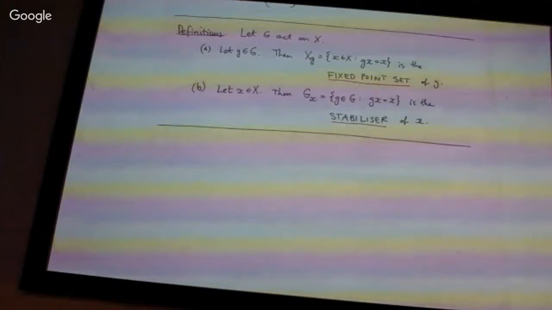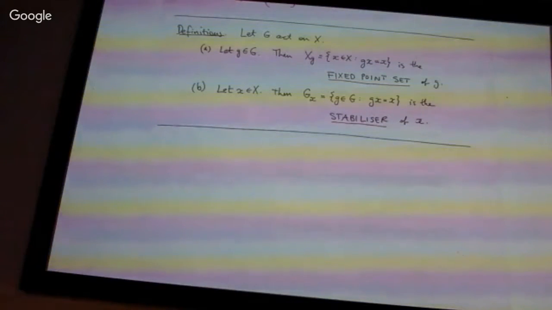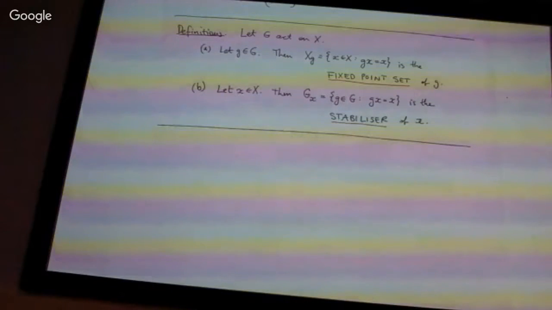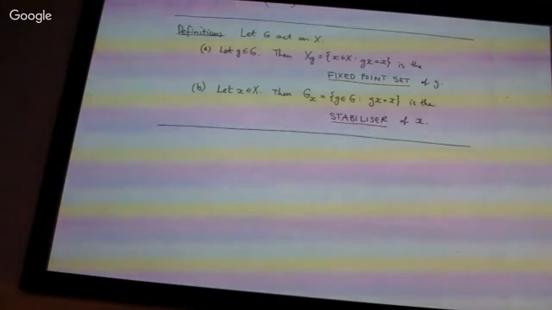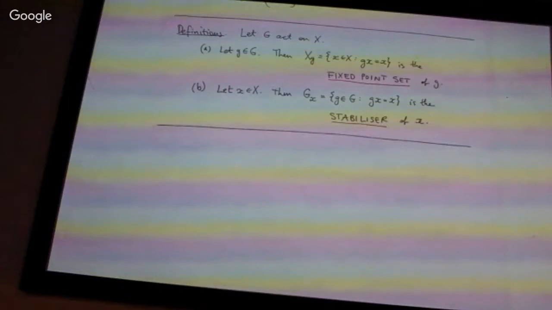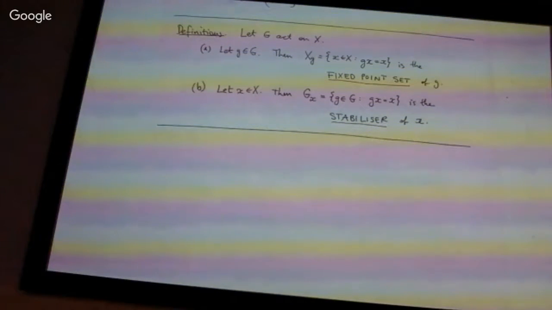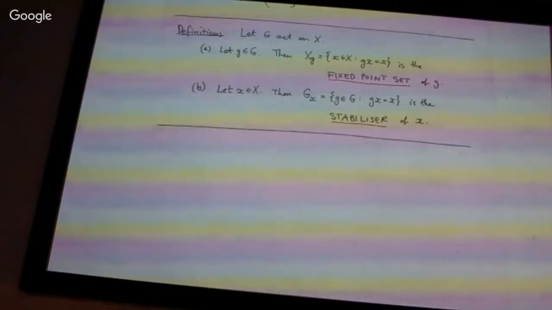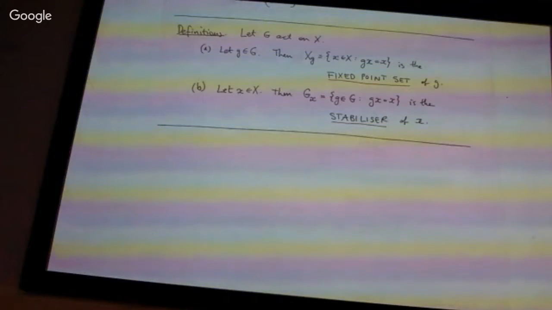There are two things that look quite similar, but they're very different. One of them is when I look at an element of G, one permutation of X really, and I look at all the fixed points of that permutation. So I'm looking at all the points that don't move under this permutation.